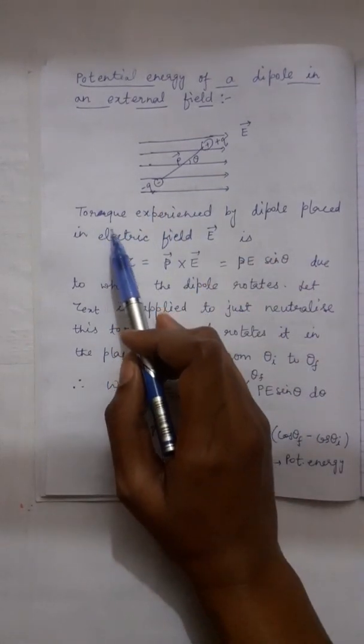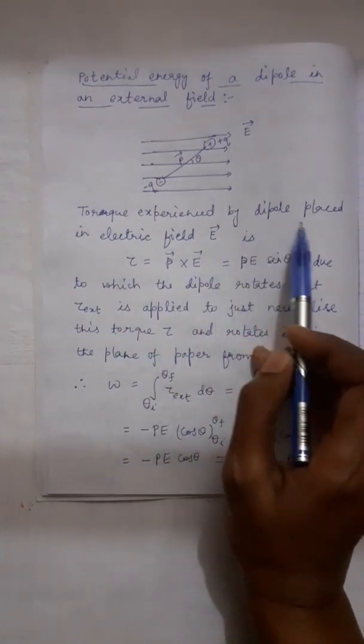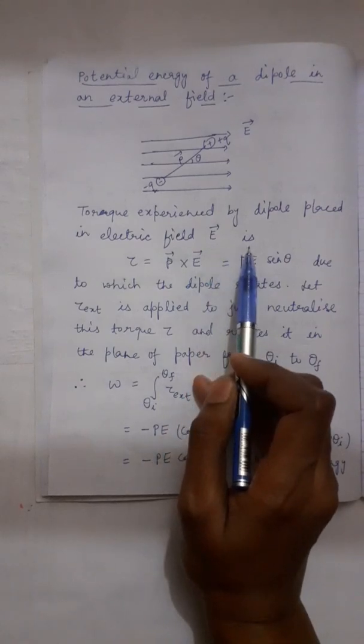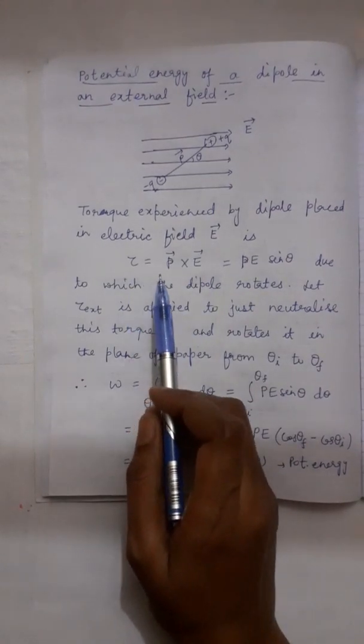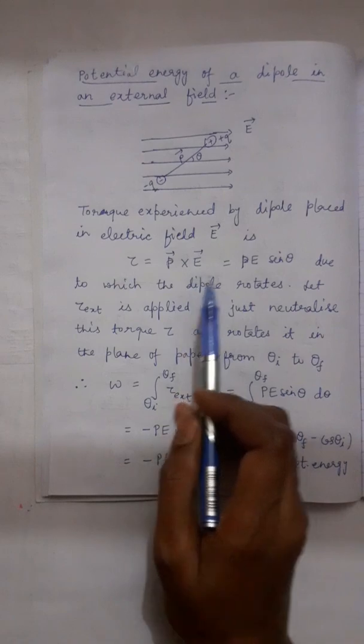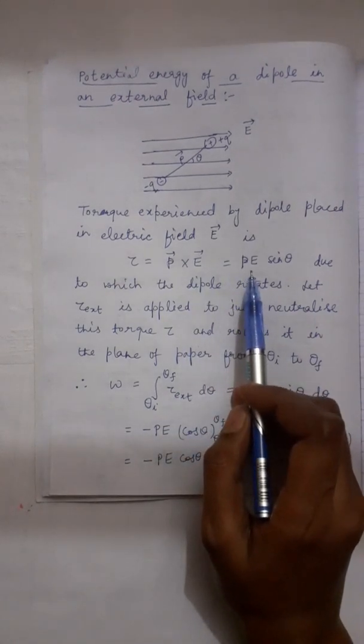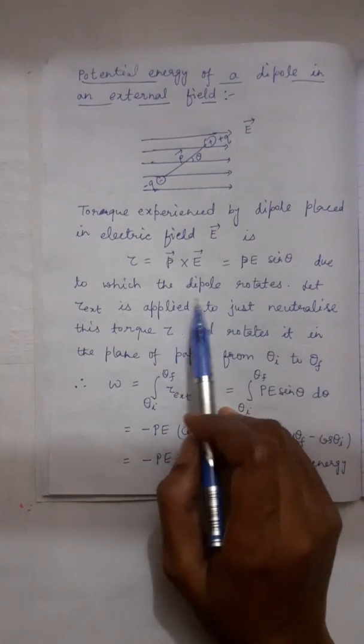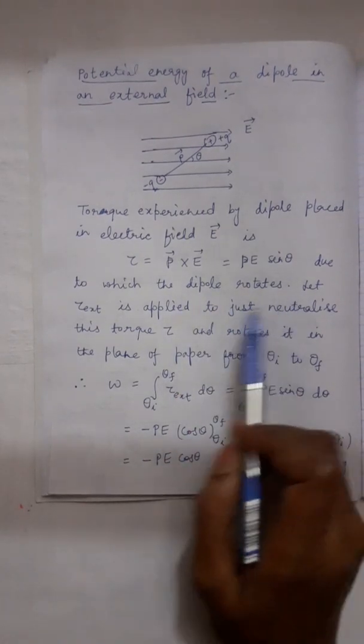So the value of torque experienced by a dipole placed in an electric field E is torque equal to P cross E, or we can write it as PE sine theta, and due to this torque the dipole will rotate.